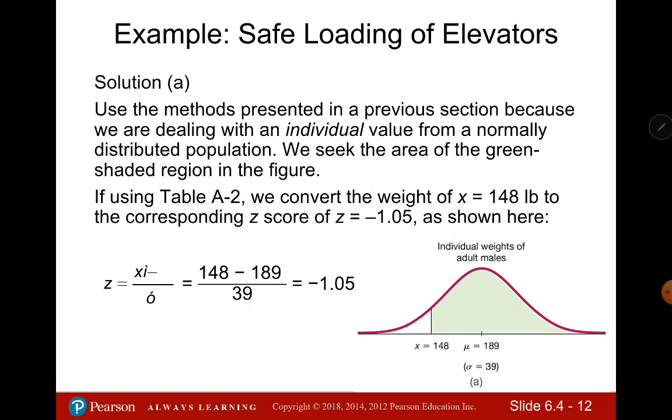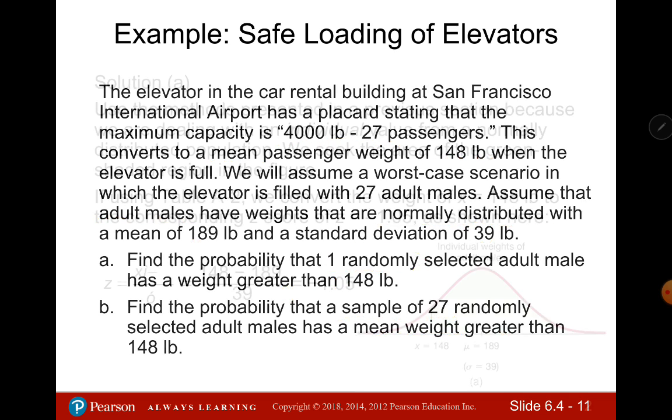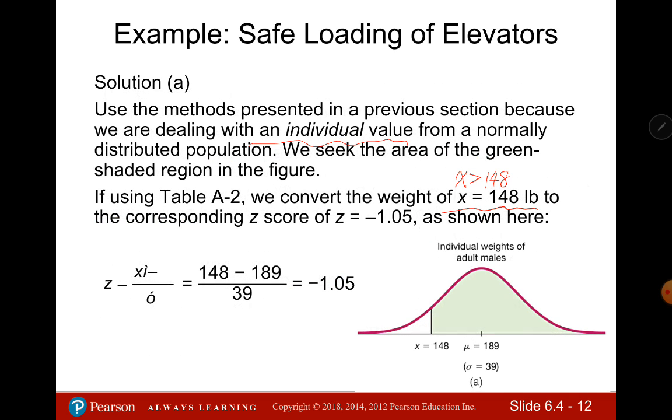Do the Z transformation. But from question A, we already know it's an individual value because we are talking about X. The value of X is 148, but we want to get the area where X is greater than 148. Remember? Here, greater than, so we write greater than.